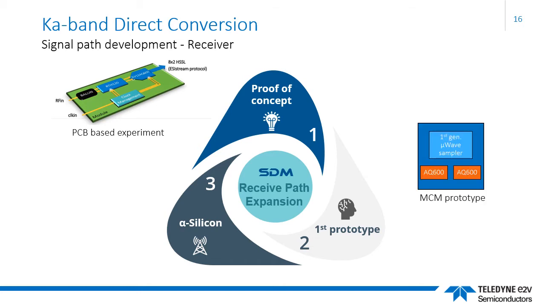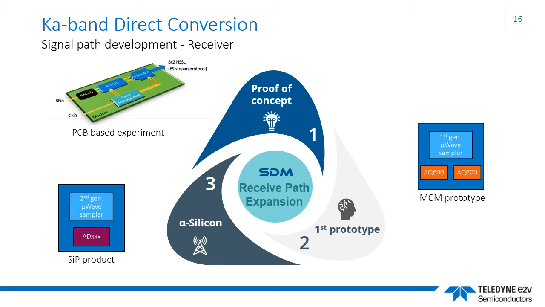Step 2, given success in the first step, was to work to further extend the bandwidth of the microwave sampler and double ADC sample rate to 12 gigasamples per second, supporting a 6 GHz wide channel. Step 3, take the learnings of the first two steps to produce a true integrated Ka band quantizer and commit to a silicon development. As you'll soon see, we are well into the third step of this plan.